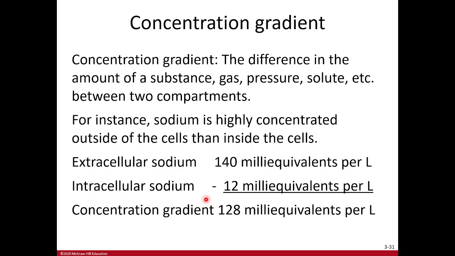So for instance, the outside of the cells, the extracellular compartment, will have a concentration of sodium of 140 milliequivalents, which is a unit that we use in physiology, per liter. And the intracellular sodium concentration, or the concentration of sodium inside the cells, is 12 milliequivalents per liter.